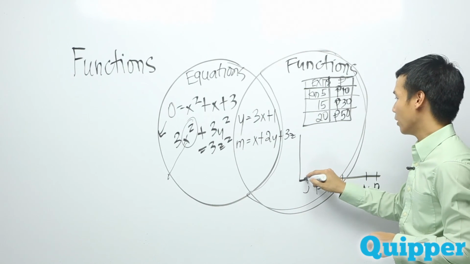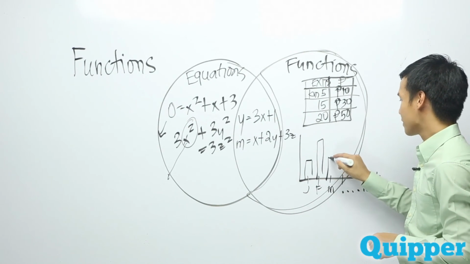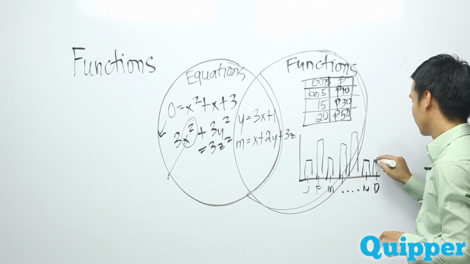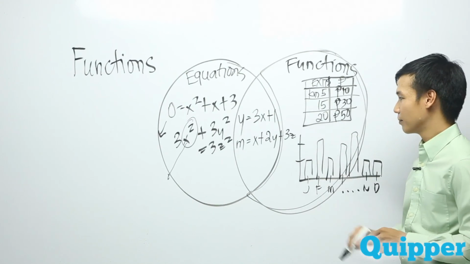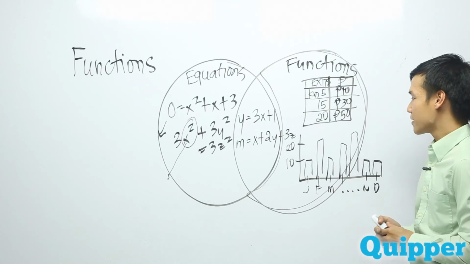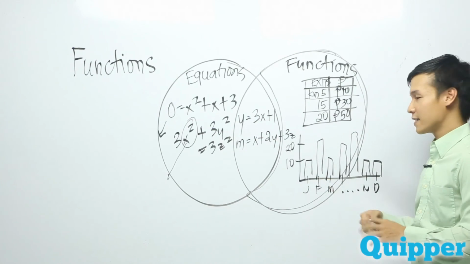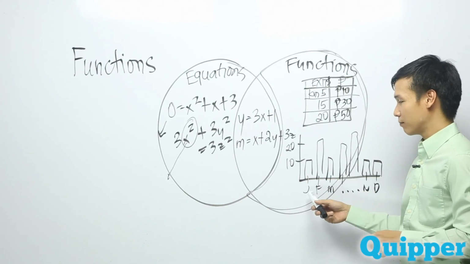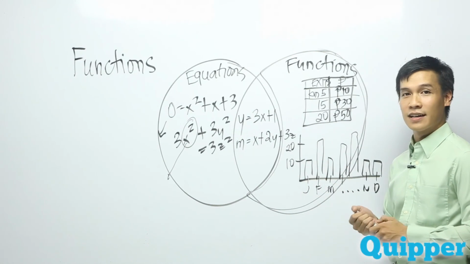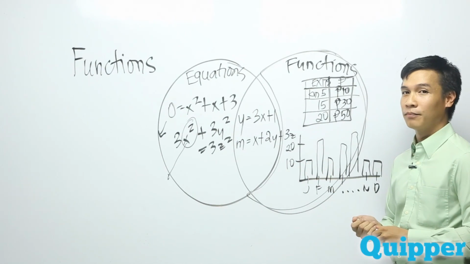If you chart rainfall, they can be in the form of bar graphs. Matched with corresponding rainfall readings, with this crude graph, we can say that the inputs are the months and the output is the level of rainfall.